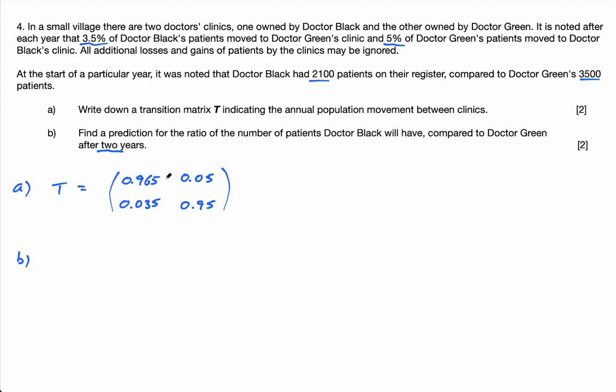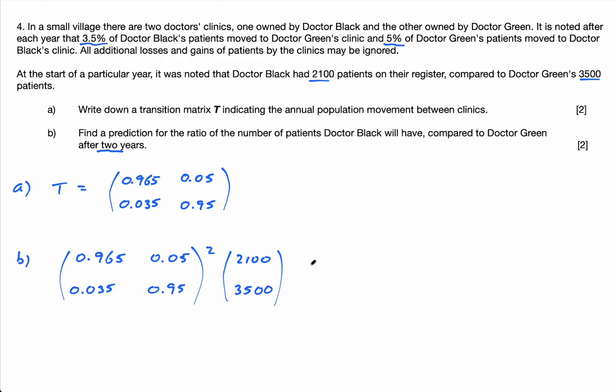If it was 1 year, you just multiply T by the vector 2100, 3500. But because it's after 2 years, you have to do T squared. So it's this matrix squared times the vector 2100, 3500.